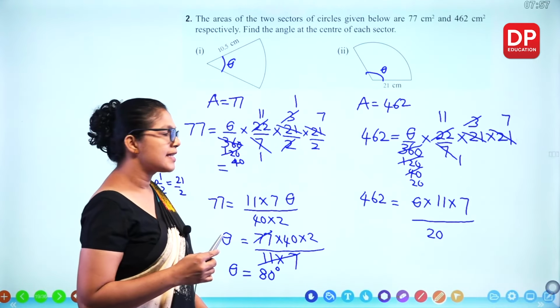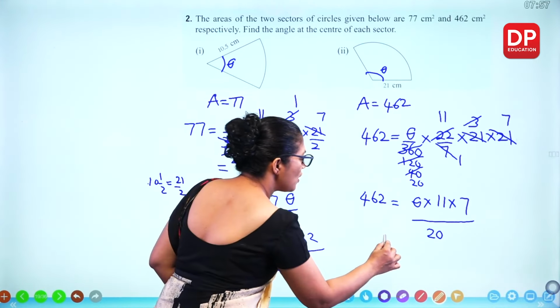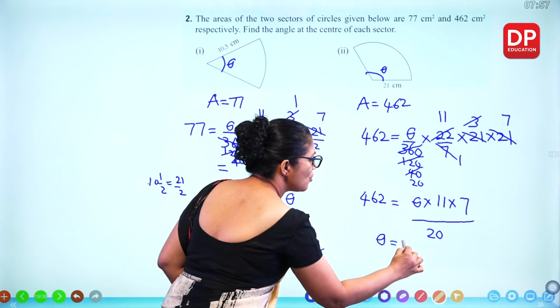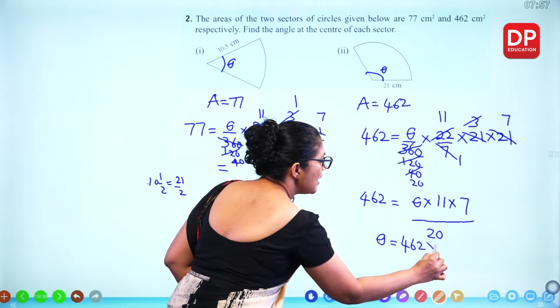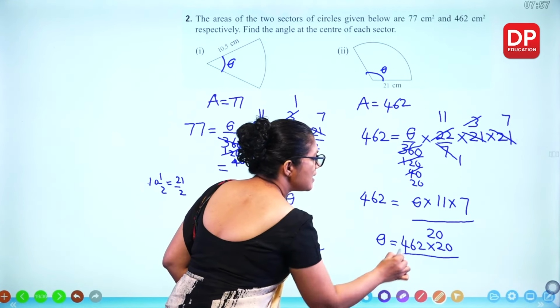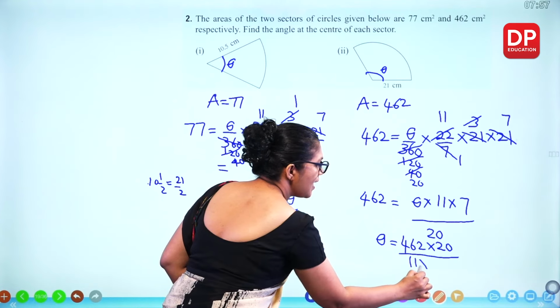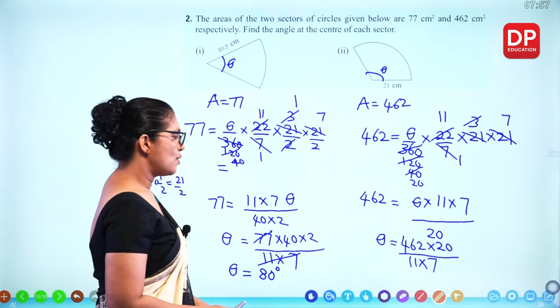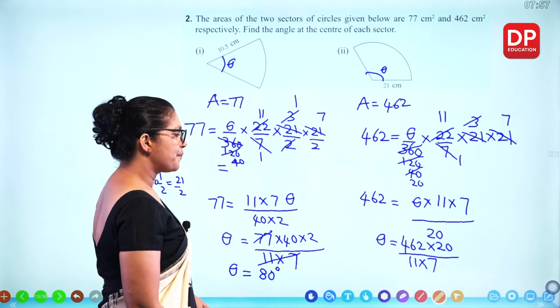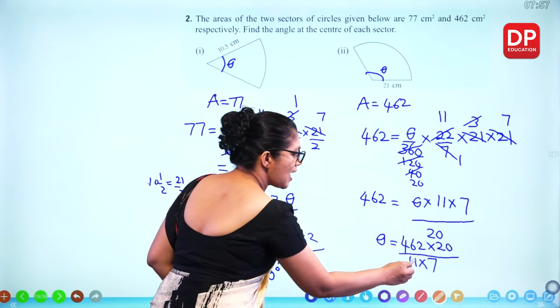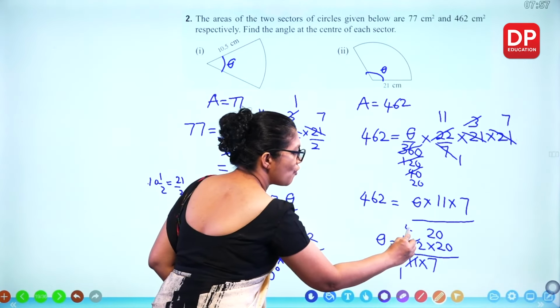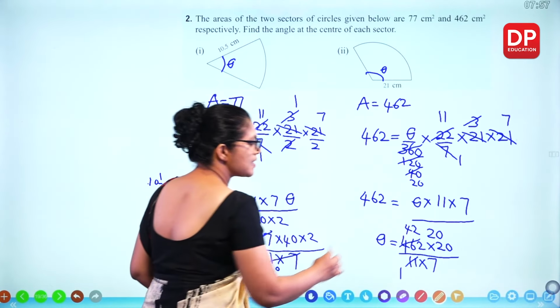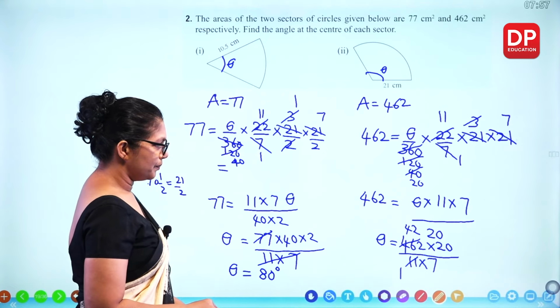So how do you make theta the subject of the formula? Theta is equal to, you multiply this by 20 and divide by 11 and 7. So how can we simplify? We see 11 times 1, 11 times 4, 44, 2 remaining, 11 times 2, 22.